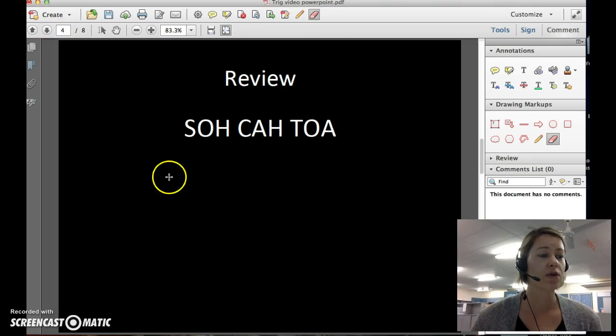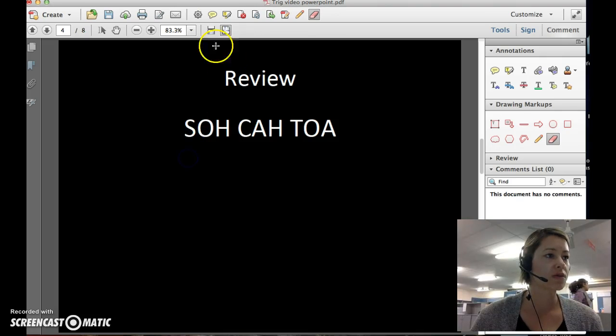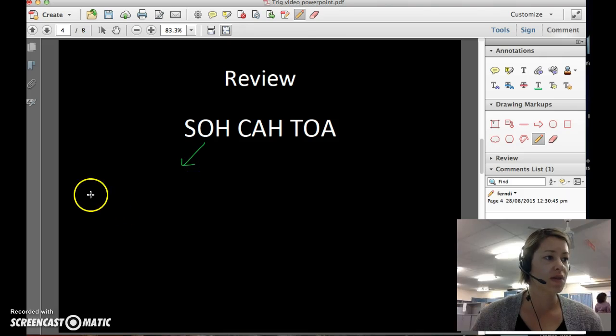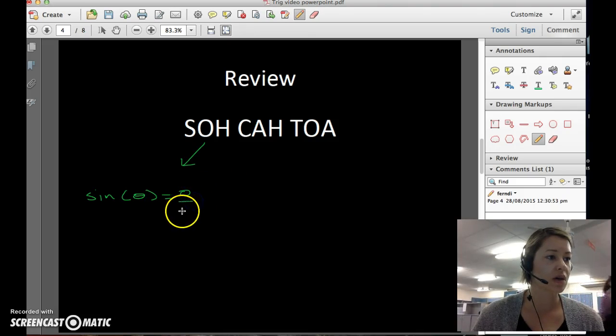Okay, so just a review of what SOHCAHTOA is. That is an acronym that we use to help remember the trigonometric identities. So sine of theta equals opposite over hypotenuse.